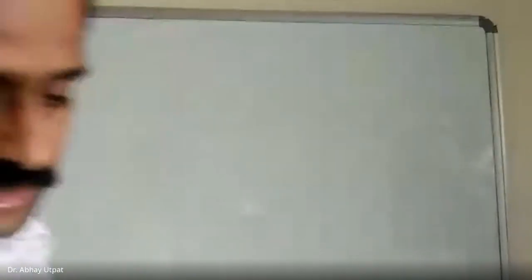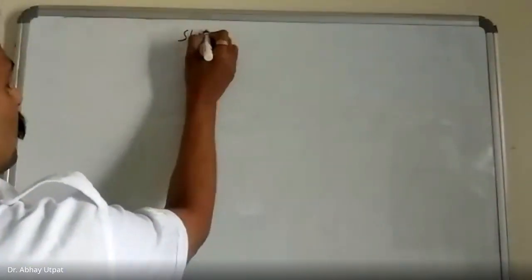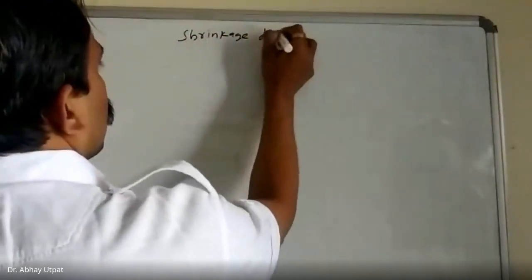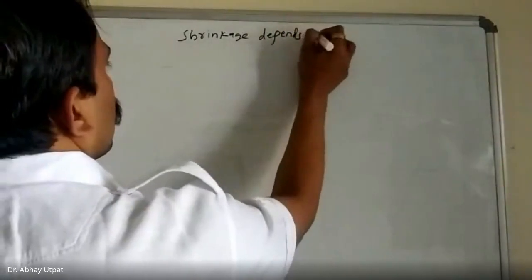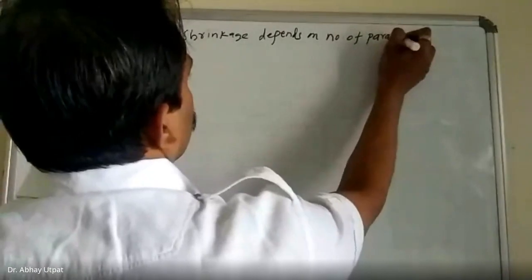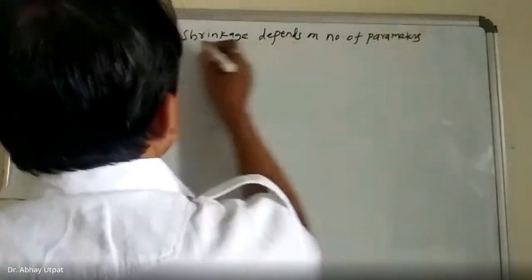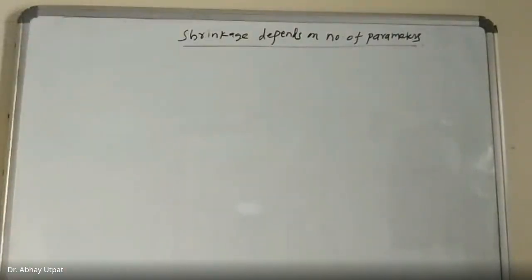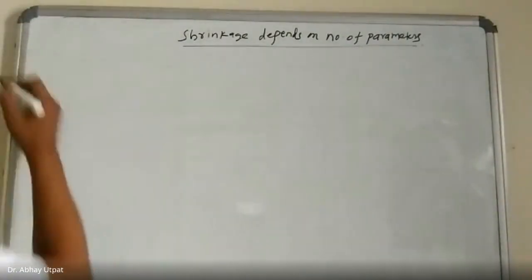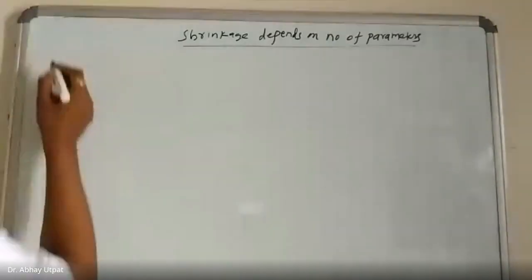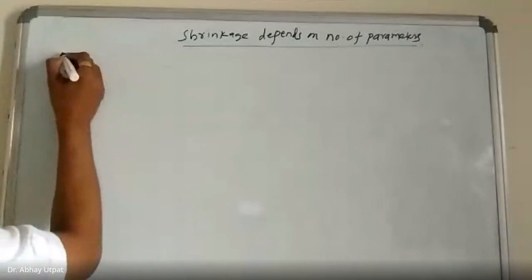Shrinkage, write down, shrinkage depends upon a number of parameters. So first parameter is holding pressure. You can draw plots along with me.